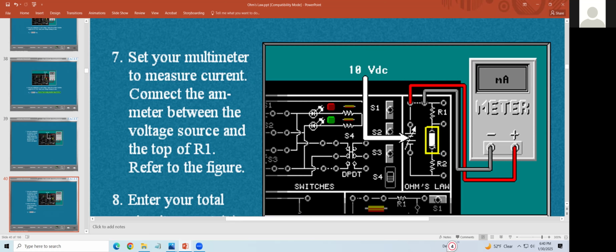If this one is not connected, it's an open circuit, and current cannot flow. So basically the current will be flowing from here, go through the meter and return into this side, go to the route. Okay?